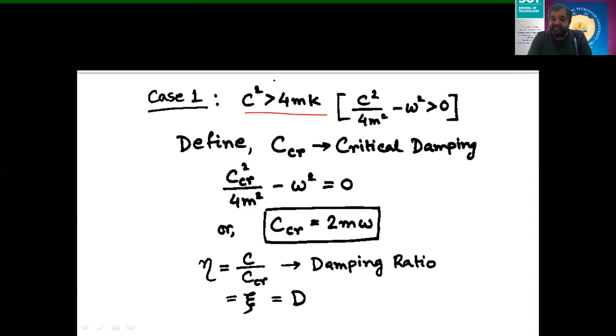If C is less than this value, it becomes underdamped. So I am taking critical damping as the base, and based upon that I will explain overdamped and underdamped.